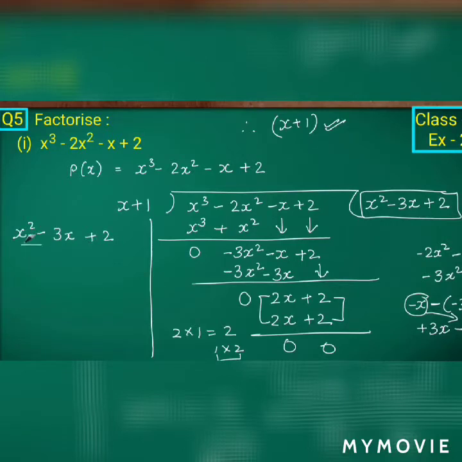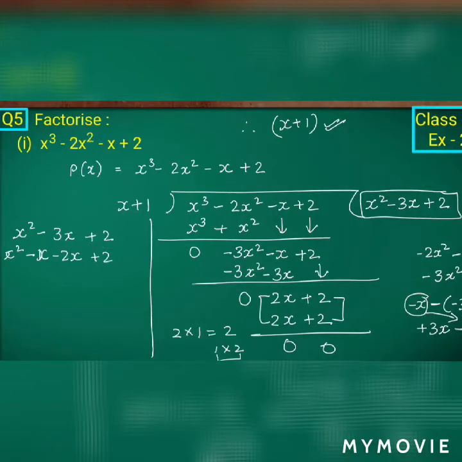So how can we take this one? x square, that is minus x minus 2x, isn't it? I have already told that minus 1 and minus 2 are the factors. So plus 2.